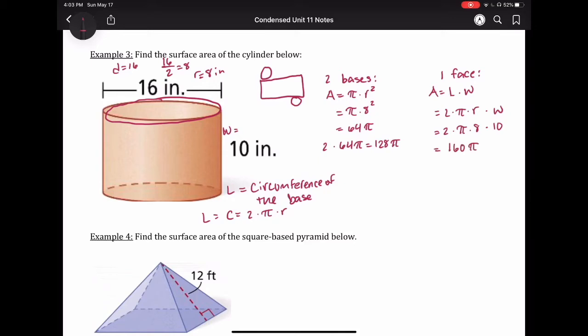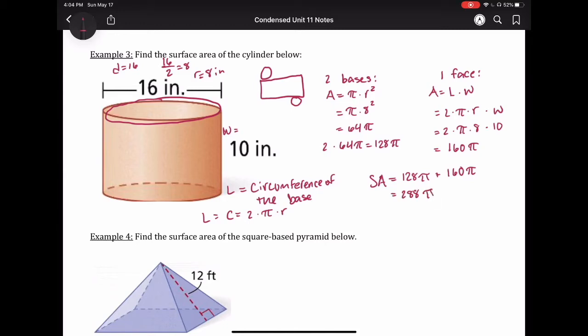Now that I have my two sections of areas, I'm going to take those and find the total surface area by adding them together. So I have 128 pi plus 160 pi. 128 plus 160 is equal to 288 pi.